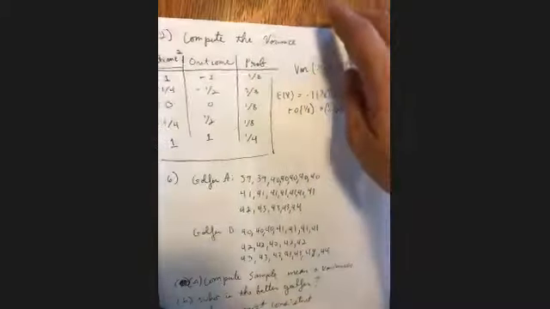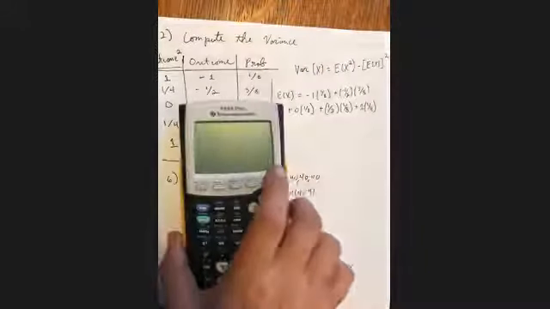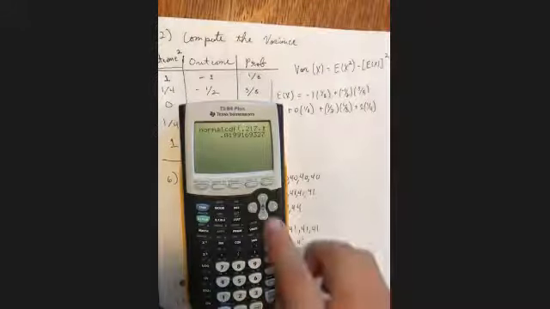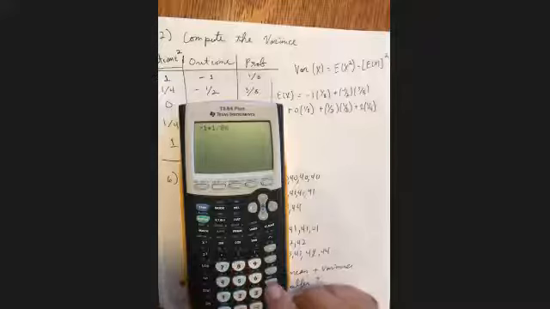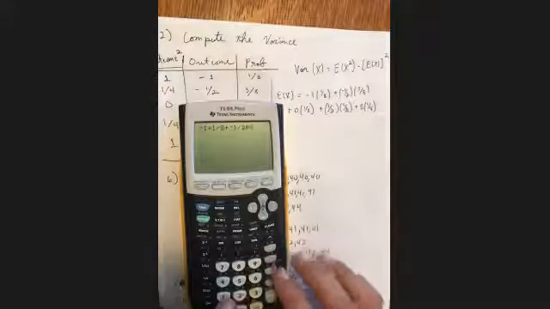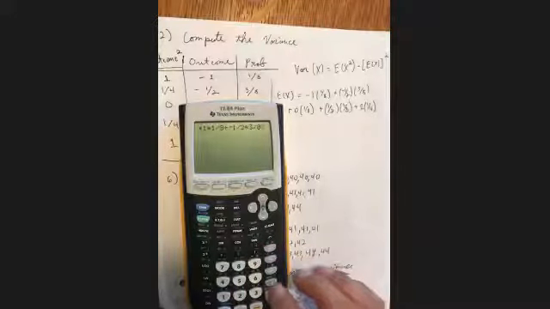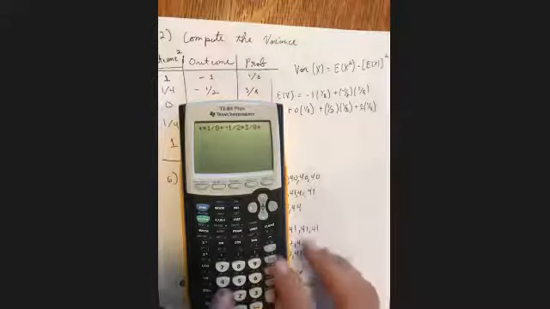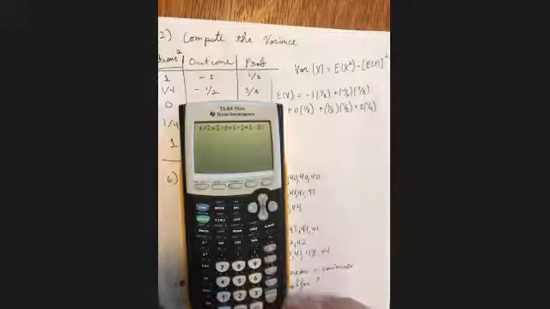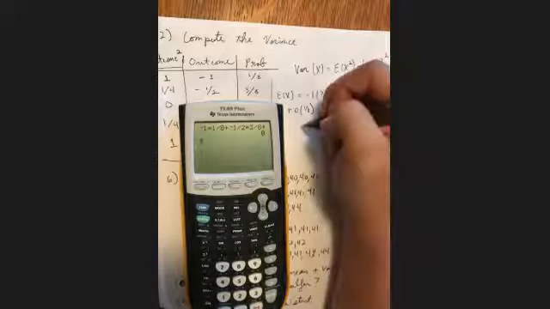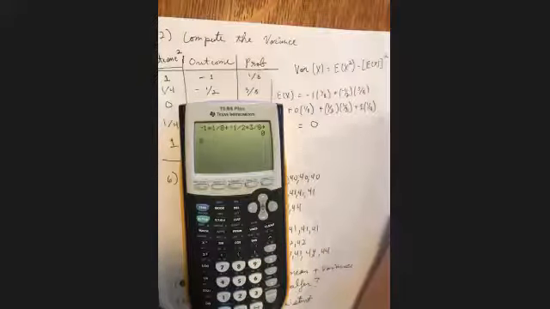We punch all of that into our calculator. The 0 term adds nothing, so I'm not going to enter that one. We get an expected value of 0. That's a totally valid result.